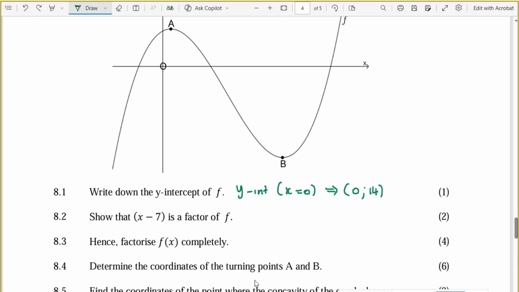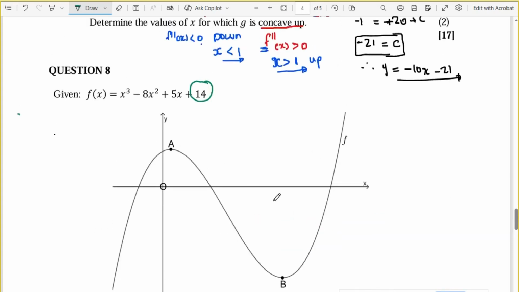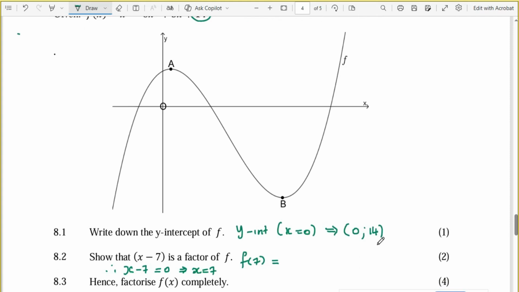If something is a factor, when I say x minus 7, I equate that to 0. What do I get? I get x is equal to 7. So this tells me that when I find f at 7, the answer should be 0. On the original equation, when I substitute 7, I should get an answer of 0.